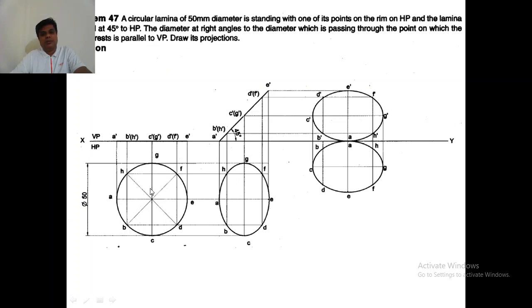Here AE is the diameter passing through the point A, and the circle is resting on point A. You can see here, the condition is given that the diameter at right angles to this diameter should be parallel to VP.